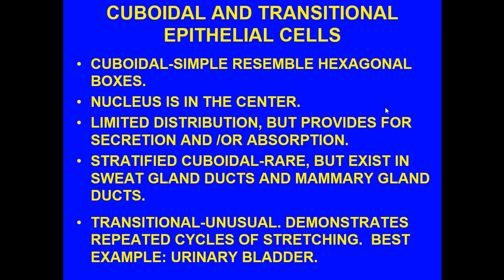But when you look at the relaxed state, all the layers, which can be anywhere from 3 or 4 to about 6 cell layers in thickness, are somewhat rounded, etc. But when they all start stretching out, just like filling up a balloon with air, you're going to see that the cells, particularly the top ones, are going to thin out. It's almost as if they're being stretched out, but they will recoil back when you empty the bladder.